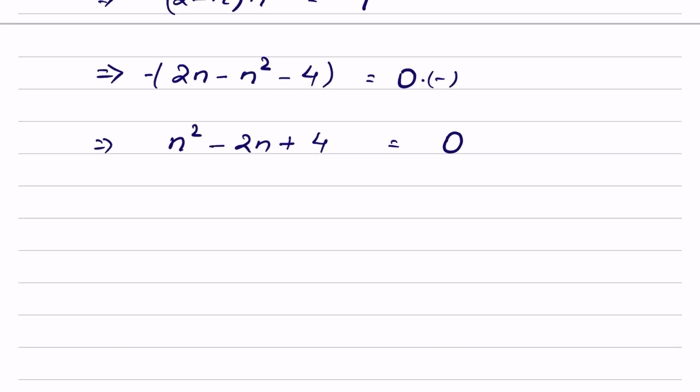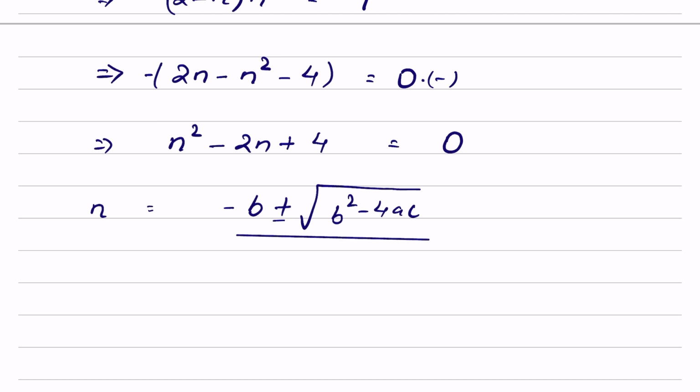We can find the value of n using the formula for a quadratic equation, that is minus b plus minus square root of b square minus 4ac upon 2a, where a is the coefficient of n square, that is 1, b is the coefficient of n, that is minus 2, and c here is 4.